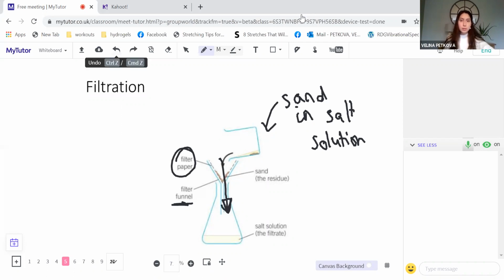The sand is left in our filter and the salt solution flows through. That's how you separate anything insoluble from your solvent. You get your filter paper and your funnel and you just pass the liquid through it.